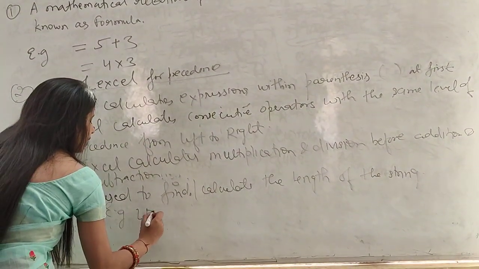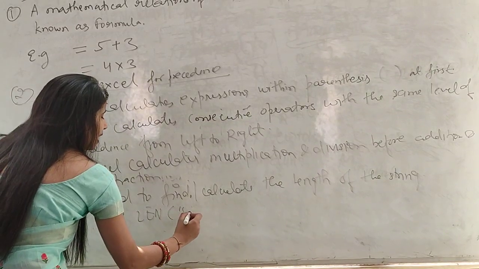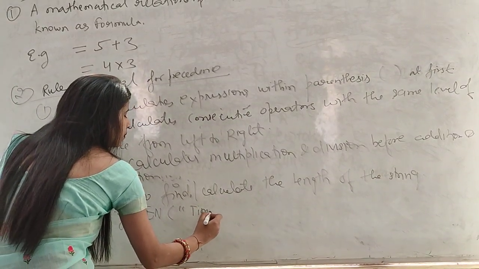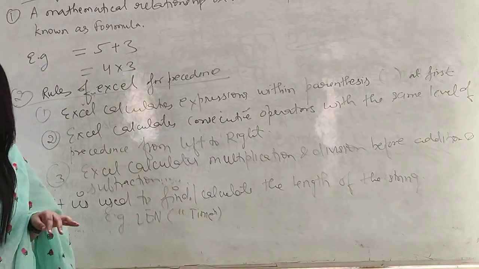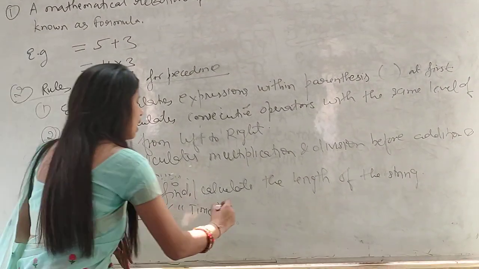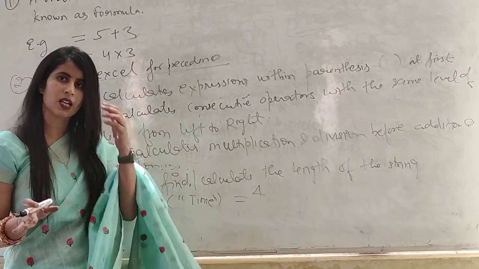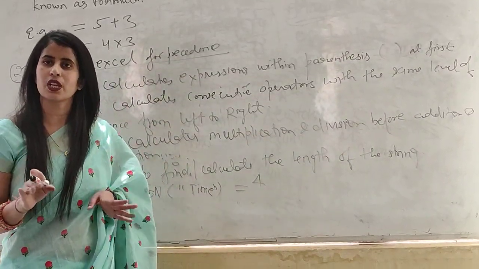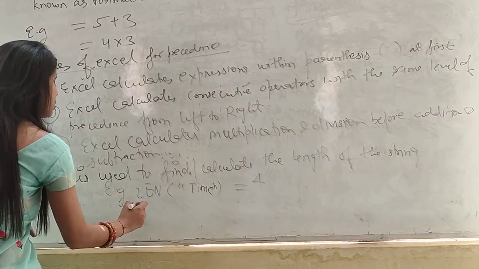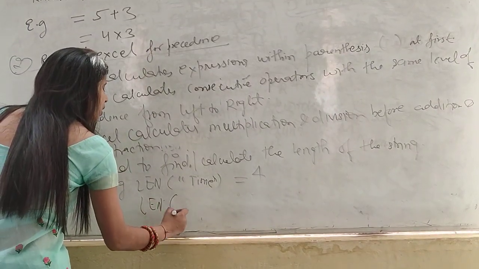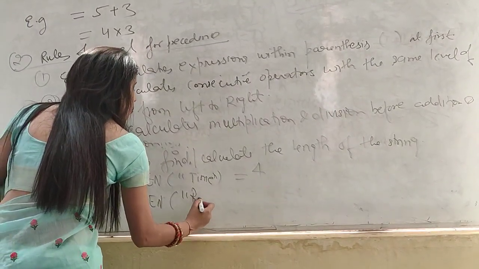I am using len function and in string I am writing here time. This is the string. So what is the length of this string? Answer will be 4. T-I-M-E. 4 letters are there. So the length of this string will be 4. Next question, suppose it is len and here I am writing require.